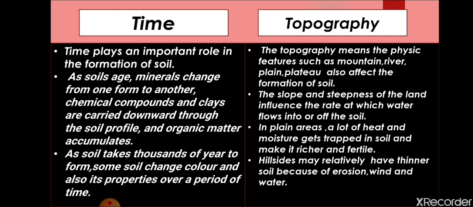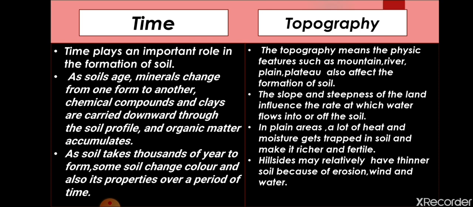As soil takes thousands of years to form, some soil changes color and its properties over a period of time. So the main concept behind the formation of soil is time, because soil takes thousands of years in formation.